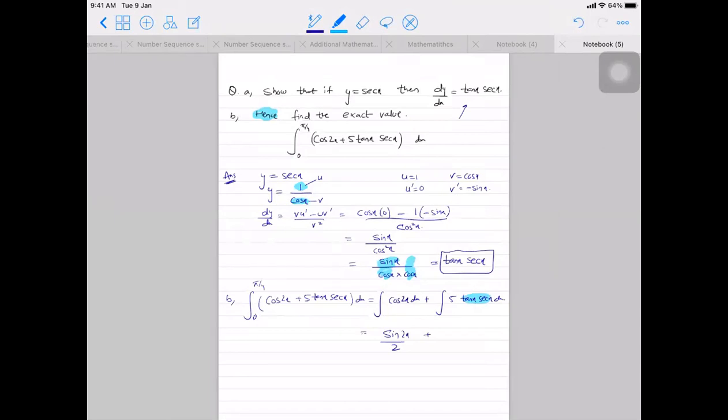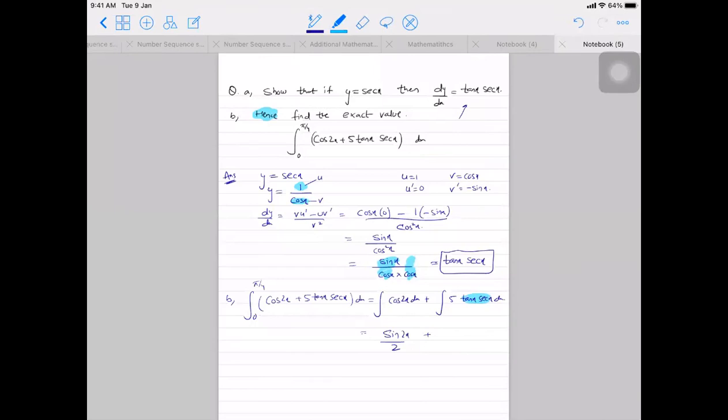Secant square x and tan x? No, no. You are trying to apply the product rule over here, but this does not conform to the product rule because the differentiation of tan x is secant squared x. So that is not possible. The form is not complying over here.